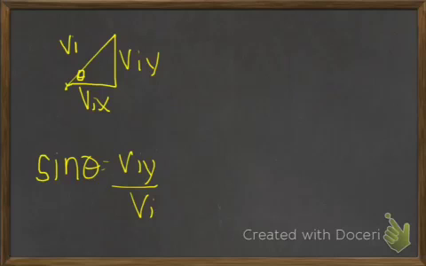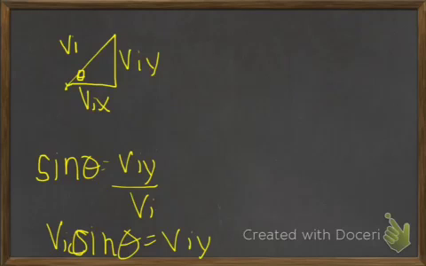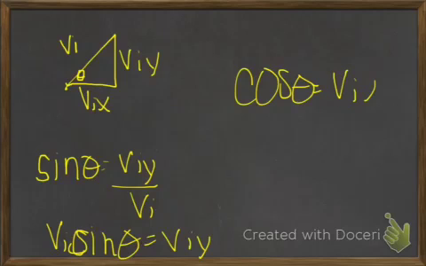Multiply both sides by Vi, you get Vi times the sine of theta equals initial velocity of y. In the x direction, it's cosine of theta equals initial velocity of x. Something we've done a bunch of times.